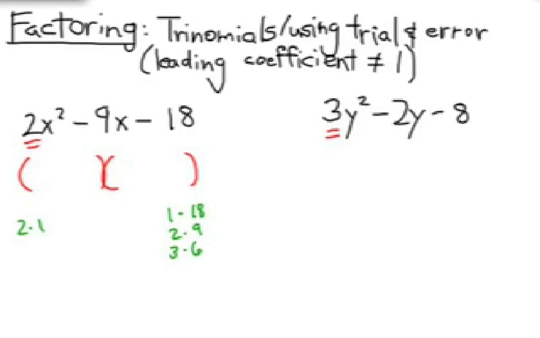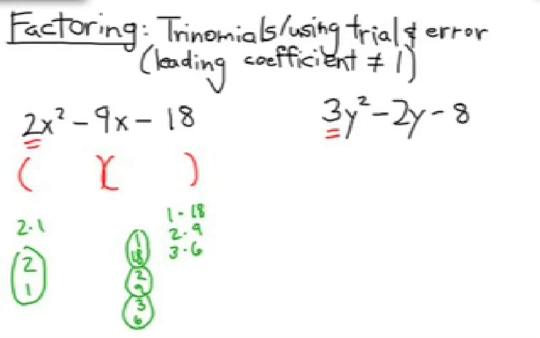Now sometimes it's helpful to write this vertically. In other words, 2 and 1, and 1 and 18, 2 and 9, and 3 and 6.